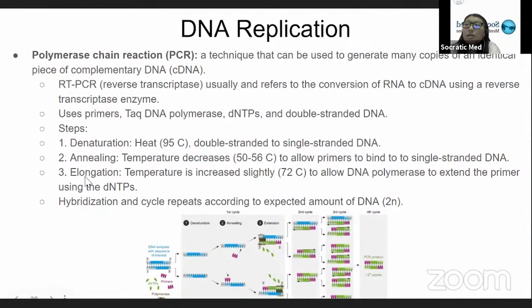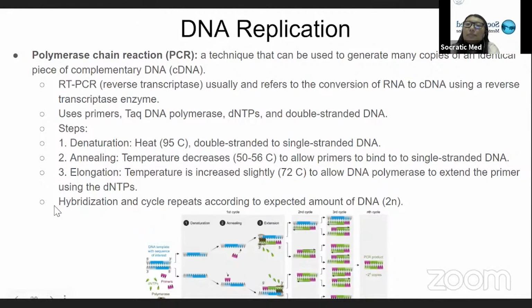The third step is elongation, where the temperature is slightly increased to 72 degrees Celsius to allow DNA polymerase to extend the primers using the dNTPs that are given. Those are the different nucleotides, and it's the optimum temperature for the polymerase.